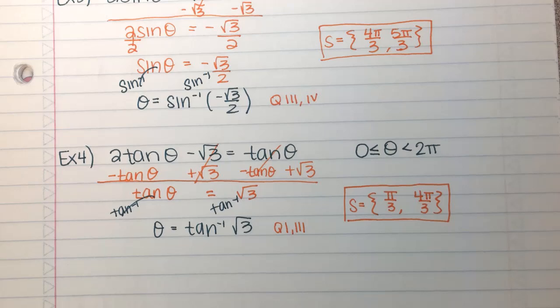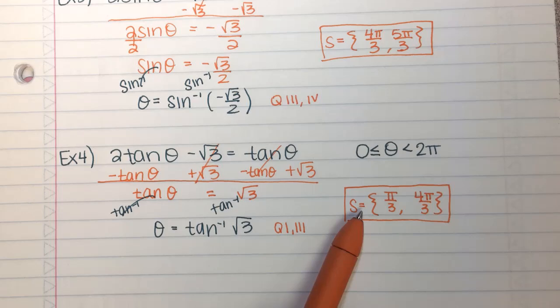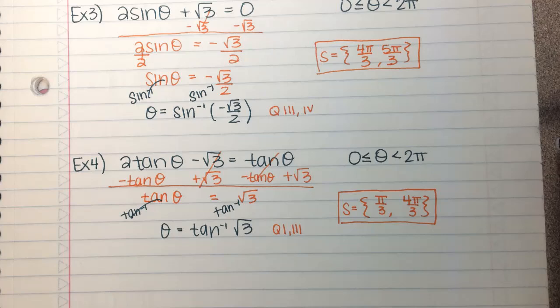Everything we're doing up until this point right here is algebra. At this point right here, then you need to know your unit circle. Alright? Again, brain dump it once a day, you'll be solid by the test.